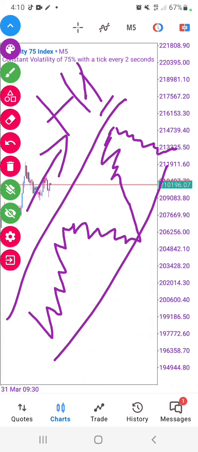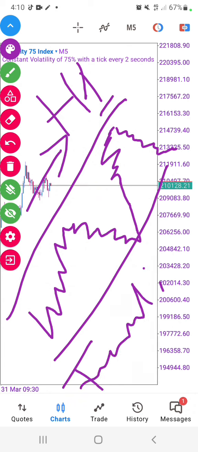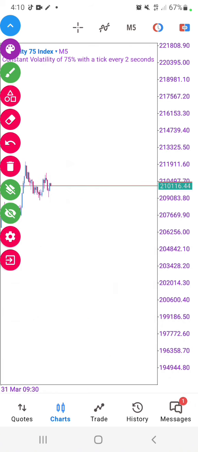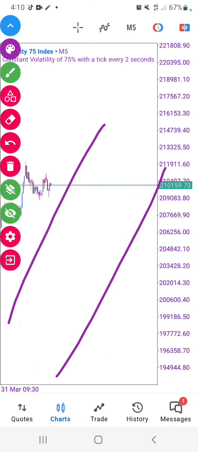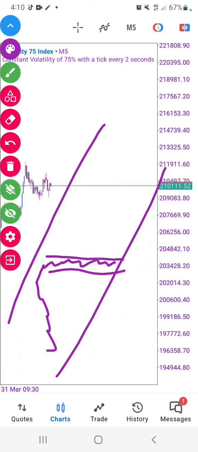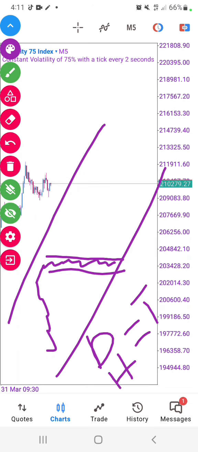When you reach M5, we are going to be using trend lines to identify the opportunities. This is our overall direction of buy, and this is M5. M5 is doing this. So we get the trend lines and find the downtrend in the overall H1.